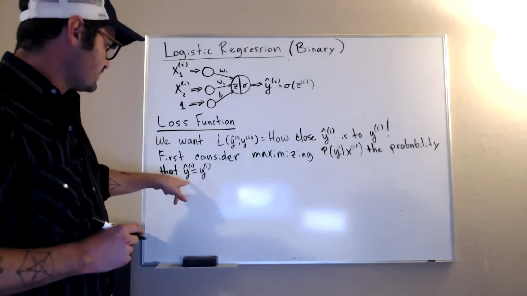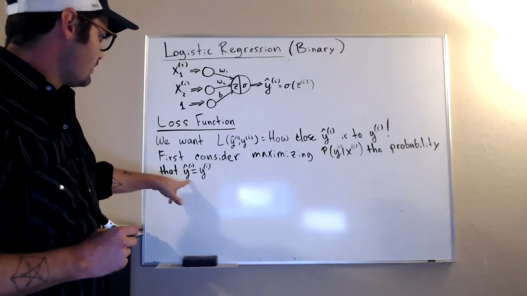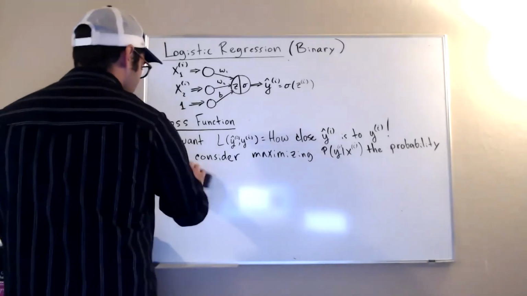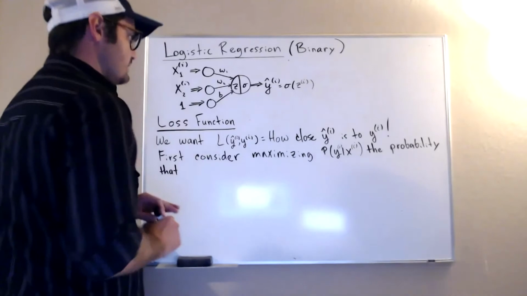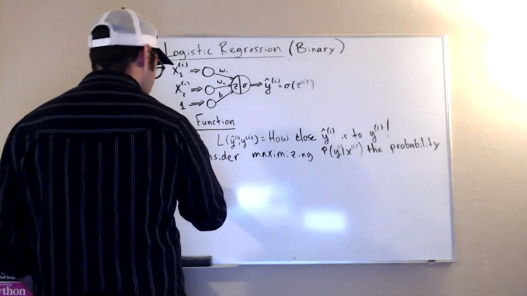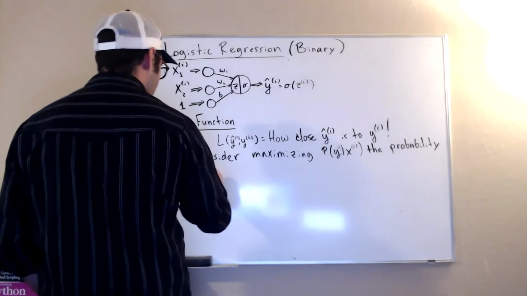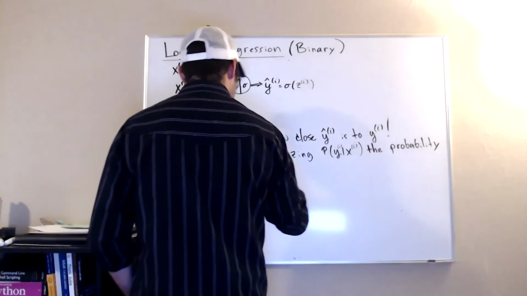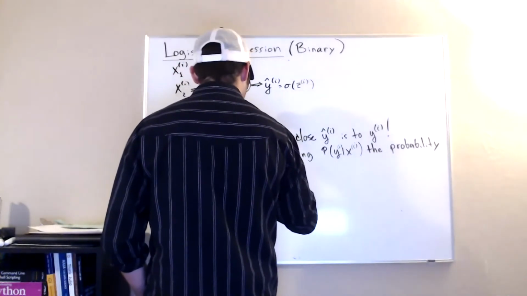So remember, I shouldn't write this equal sign, it's the probability that, say, y hat i predicts yi.